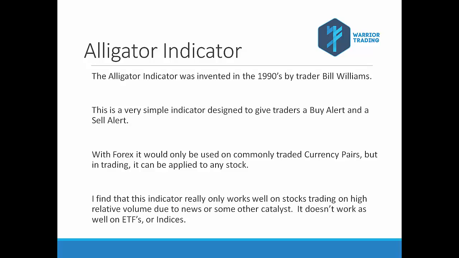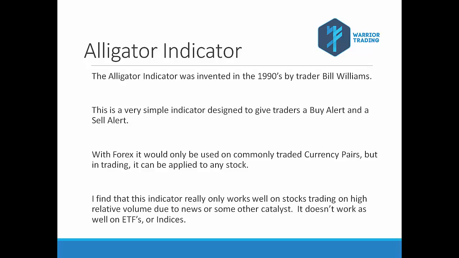Really simple, to help traders see momentum and to know when to be in trades and when to not be in them. And it was originally designed for use in Forex, where it would only be used on commonly traded currency pairs. So, with trading, you can apply this to really any stock, although I personally only find it helpful on stocks that have high relative volume.